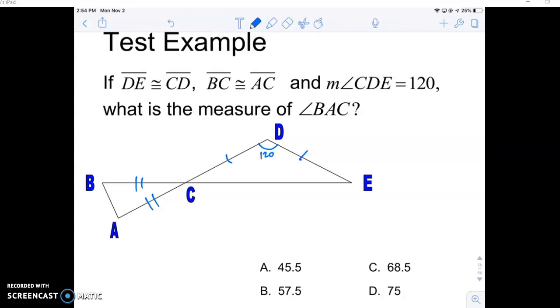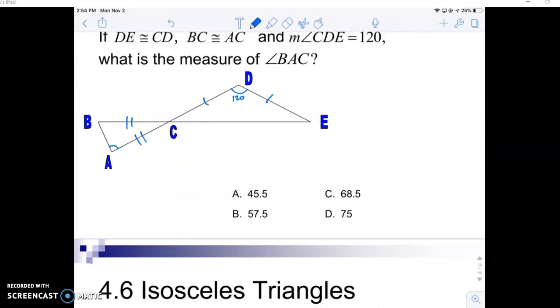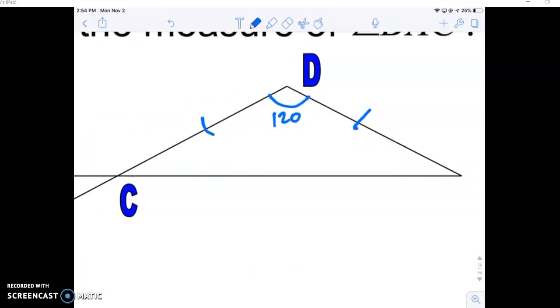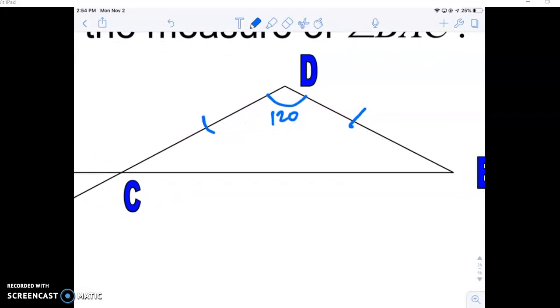We have to somehow figure out angle BAC, this angle there. We're just given that both those triangles are isosceles, and then we have to figure out that missing angle. We're going to focus on this DEC triangle first.